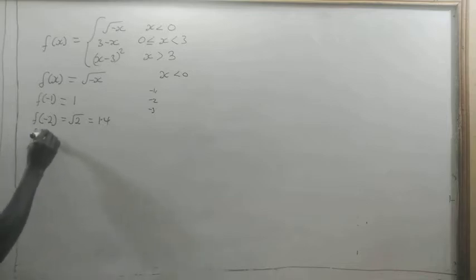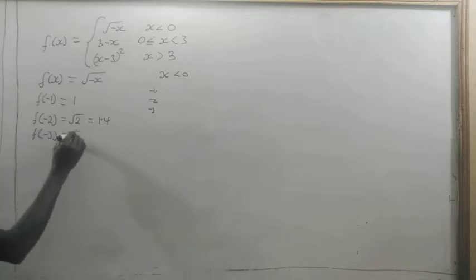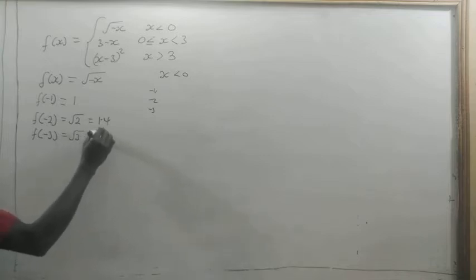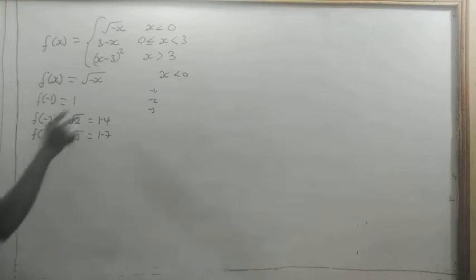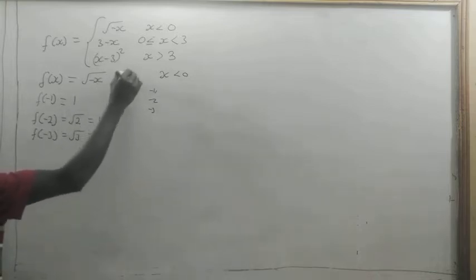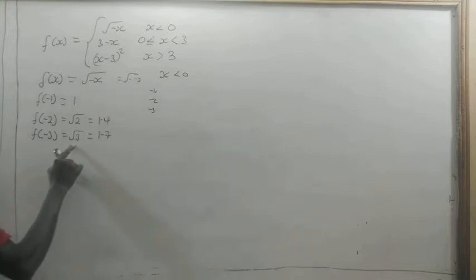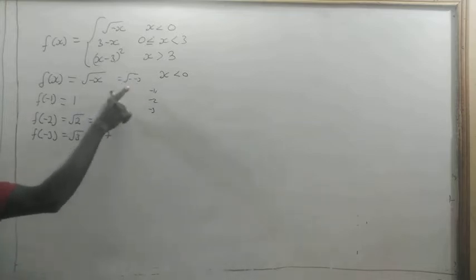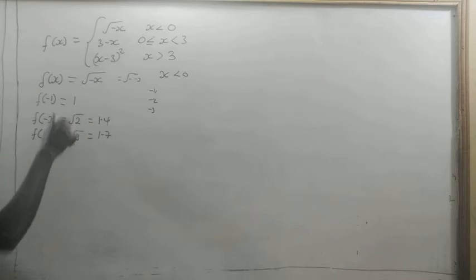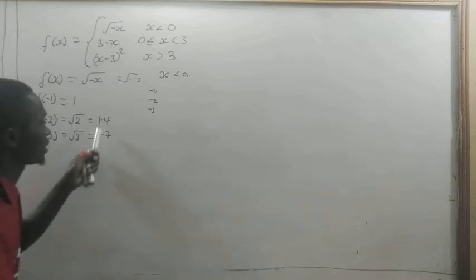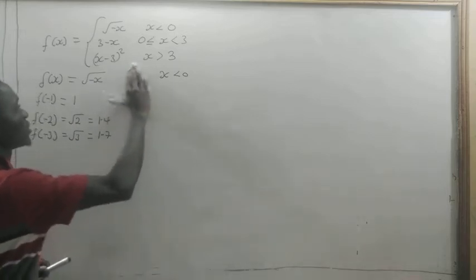For f of negative 3, you get the square root of 3, and that will be 1.7 to two significant figures. If you put negative 3 there, negative negative is positive. Use your calculator to check these values.